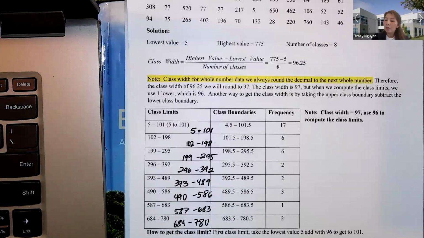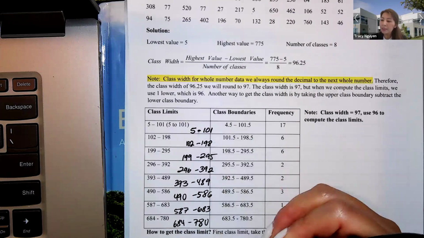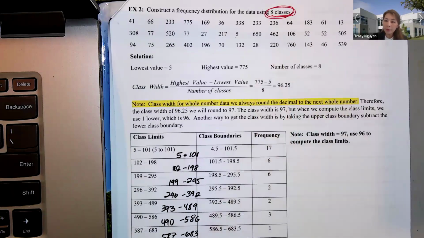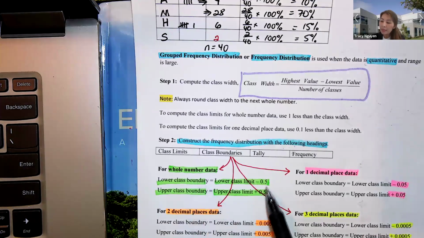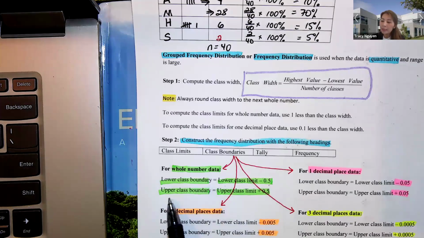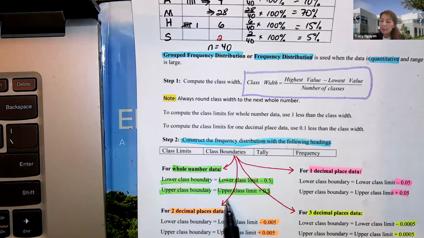Okay. Now, for class boundaries, since we have whole number data, what's the rule? For whole number data, to get the lower class boundary, we take the lower class limit and subtract 0.5. To get the upper class boundary, we take the upper class limit and add 0.5.